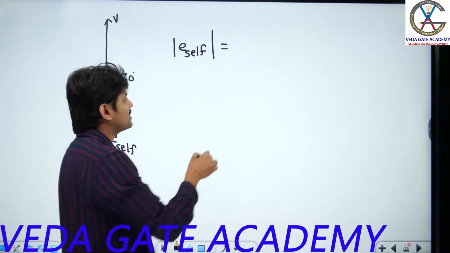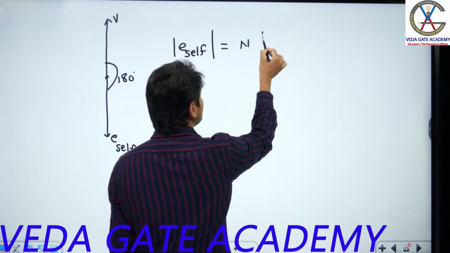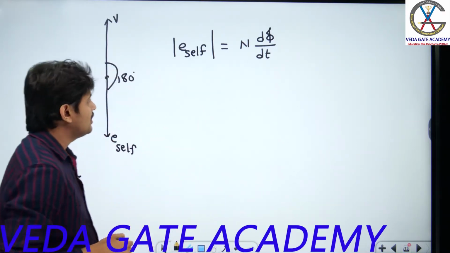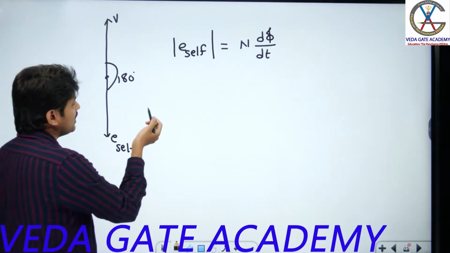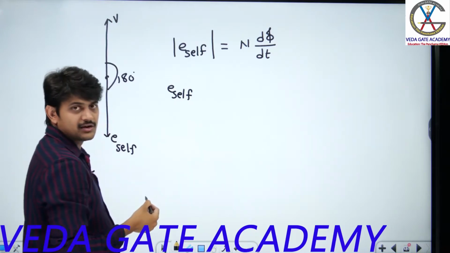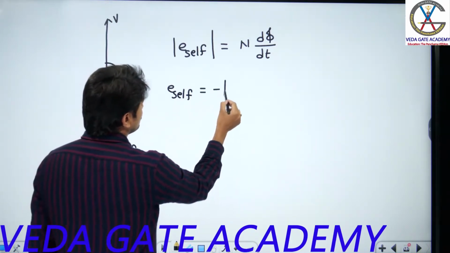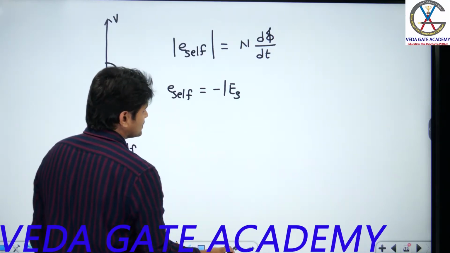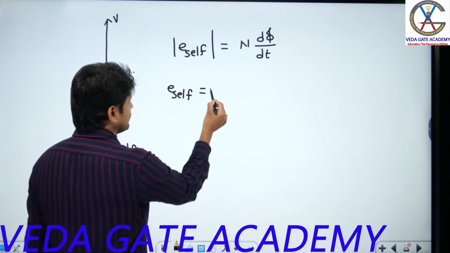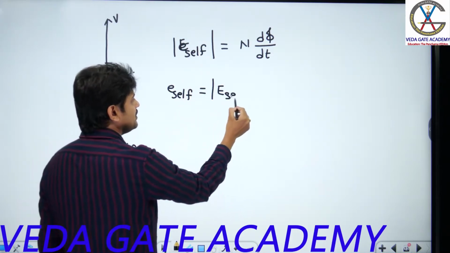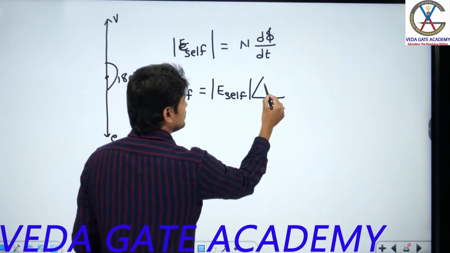According to Faraday's law, the magnitude of self-induced EMF is what? N d phi by dt, right? Now, if you want to determine exactly the self-induced EMF, I can write the magnitude of the self-induced EMF as capital E at an angle of 180 degrees.